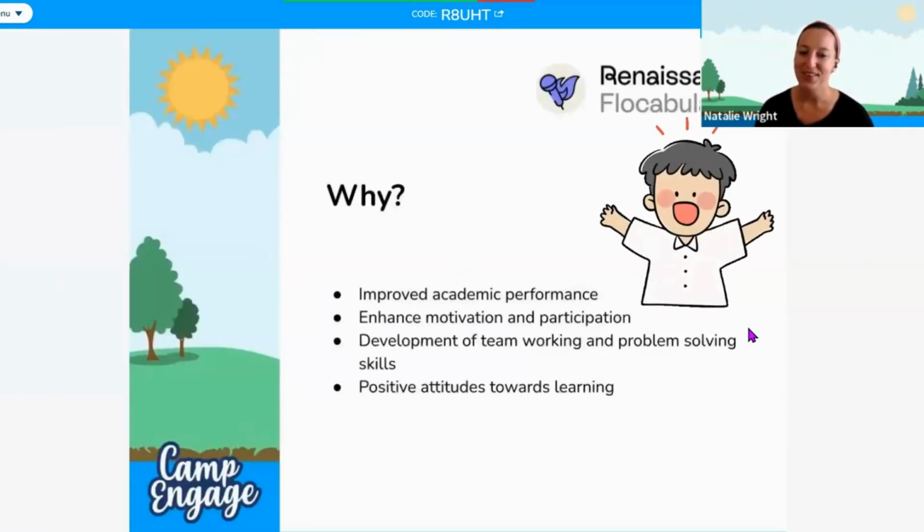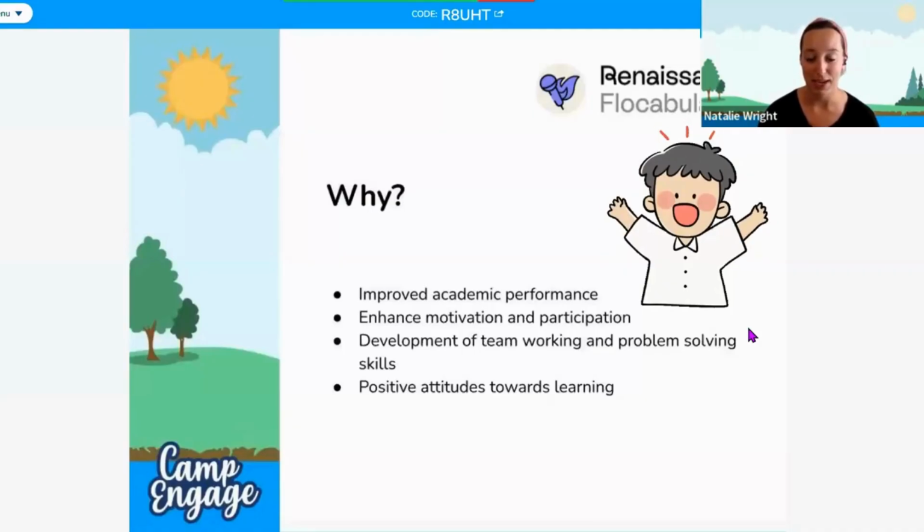Okay. Why do we want to gamify? I'm going to go with bullet point number 2. It is enhancing motivation and participation. Just like I said, my students were so excited to solve those math problems because I brought out a game. And because that motivation and participation in those math problems increase, now they're going to improve their academic performance.